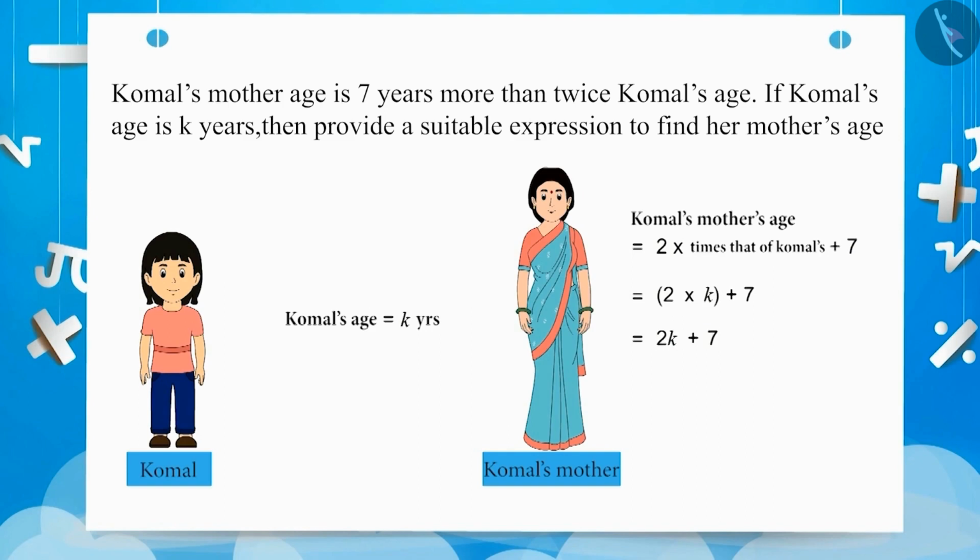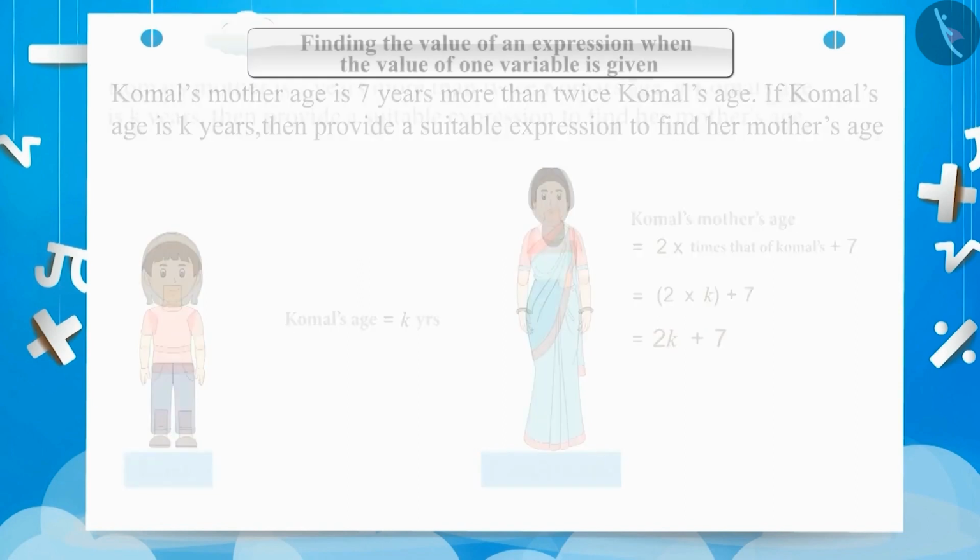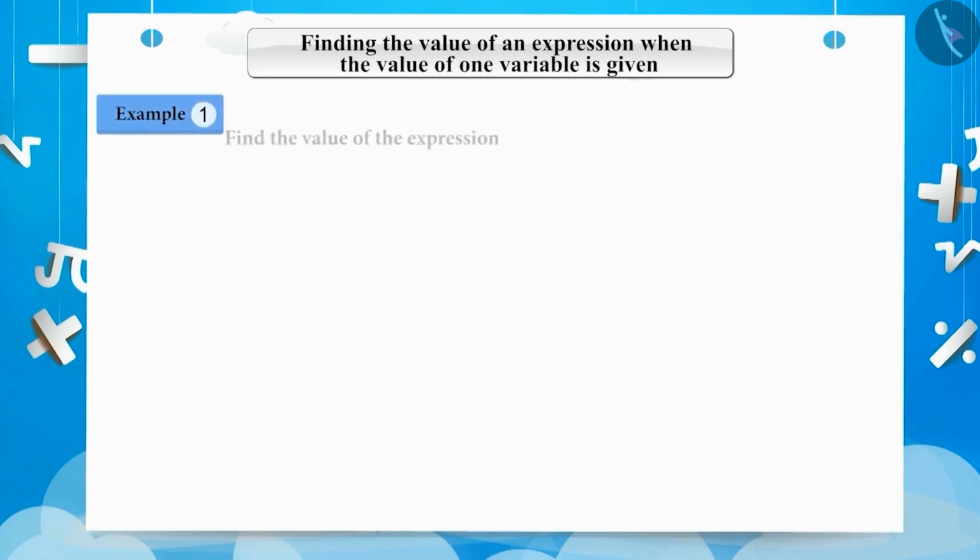Now let us learn how to solve an expression if the value of one variable is given. Let's solve a question to understand this. Find the value of the expression x square plus 3x minus 14, if x is equal to 3.